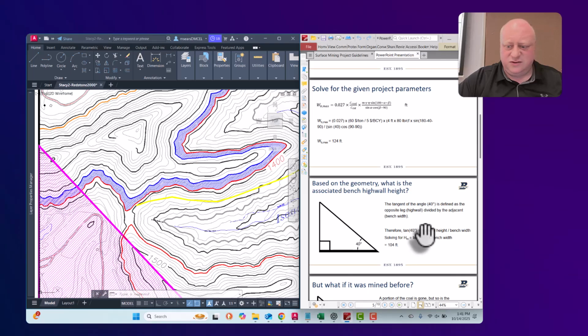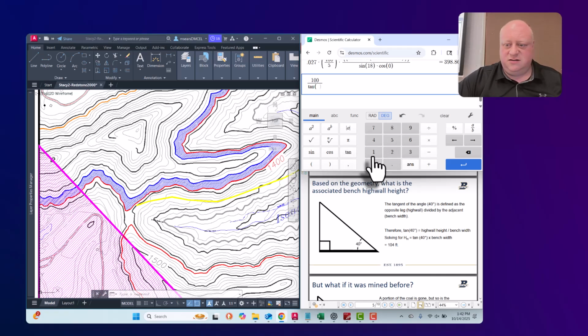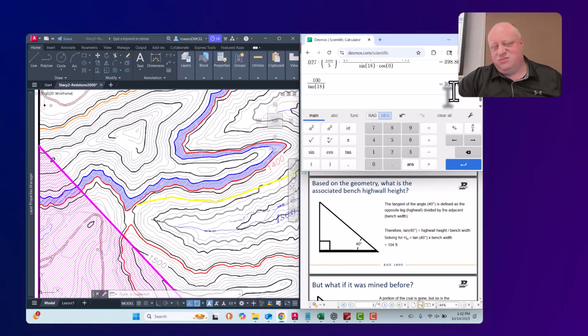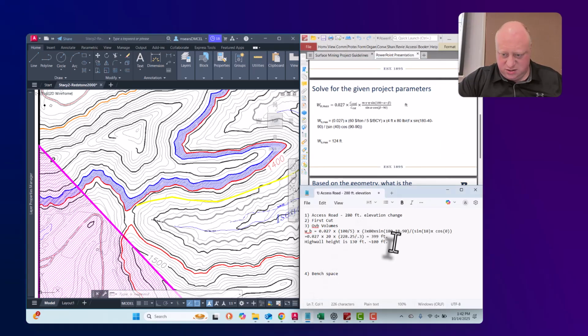I think I said inverse tangent earlier, but it's not. So if we take 100 feet with our newfangled calculator, and we divide that by the tangent of 18, we get a bench width of basically 308 feet on average. Okay, so let's write that down.